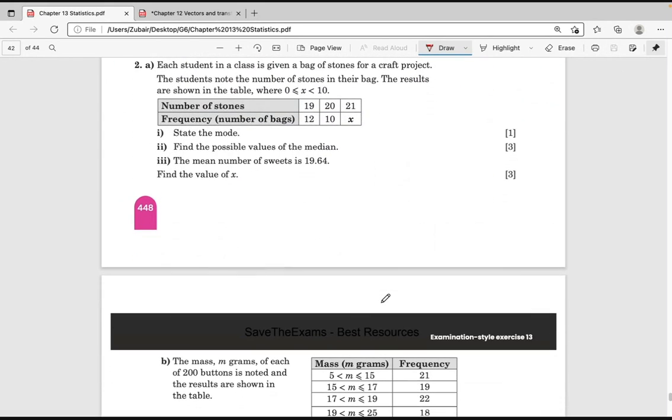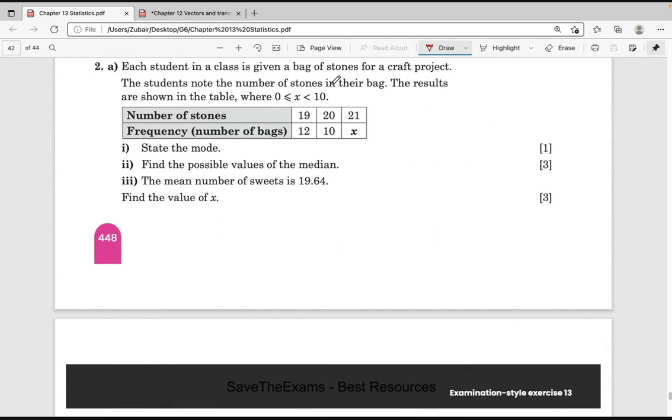Question number 2. Each student in a class is given a bag of stones for a craft project. The student notes the number of stones in the bag. The results are shown in the table.